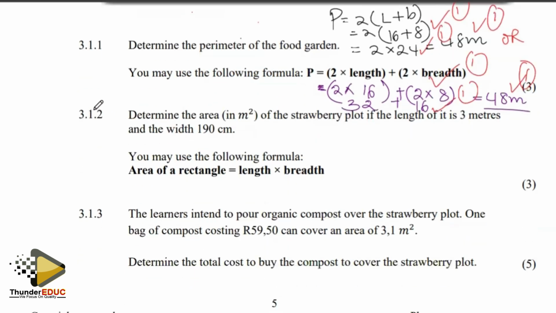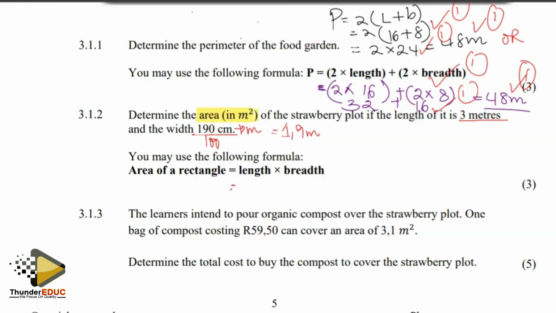Okay. 3.1.2, determine the area in meters squared of a strawberry plot, and take note of this, area in meters squared. So make sure that all the units you're dealing with are in meters. We have 3 meters, we have 190 centimeters. That means the 190 centimeters has to change to meters, whereby from centimeters to meters we divide by 100. So you end up having 1.9 meters. Everything is in meters.